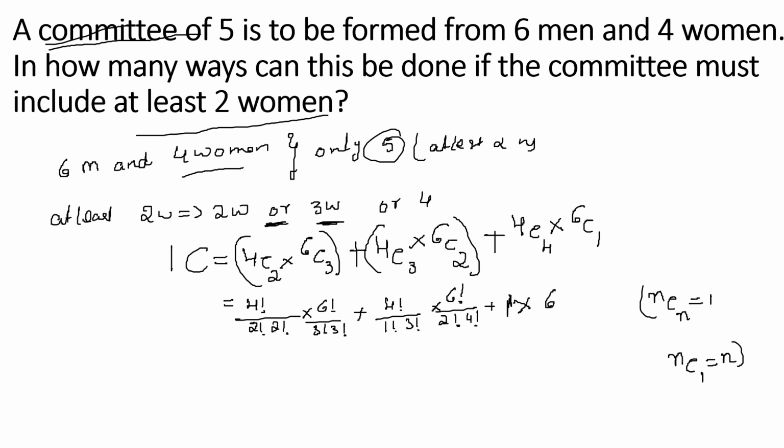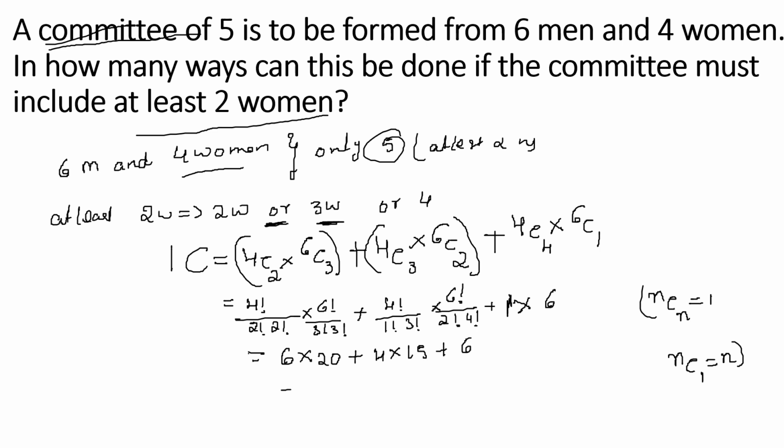Upon simplification, 4 factorial is 24 divided by 4, this is 6, into 6 factorial, 720 divided by 36, that is 20. Again, 4 factorial by 3 factorial is 4, into 6 factorial divided by 2 factorial into 4 factorial, so that will be 15, and 1 into 6 will be 6.